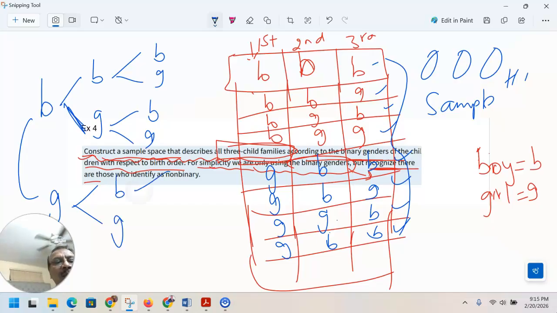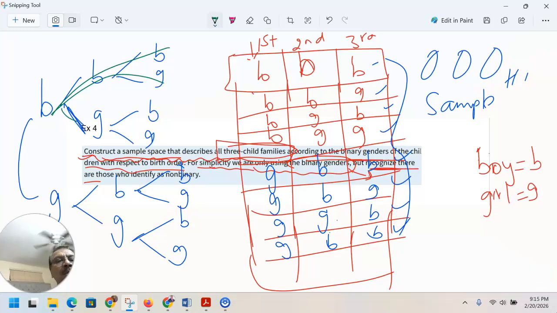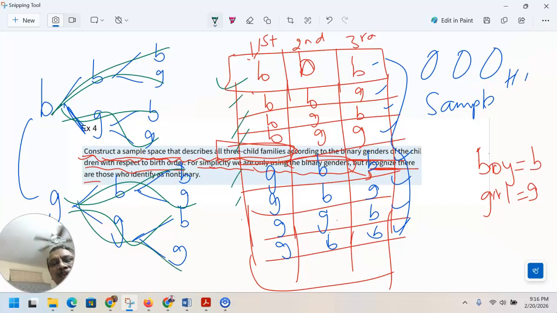If the second one is boy, the third one will be boy or girl, like this. And if the second one is girl, this could be boy or girl. And you can see all of them, 1, 2, 3, 4, 5, 6, 7, and 8. So it's the same thing here. I hope I made sense to you.